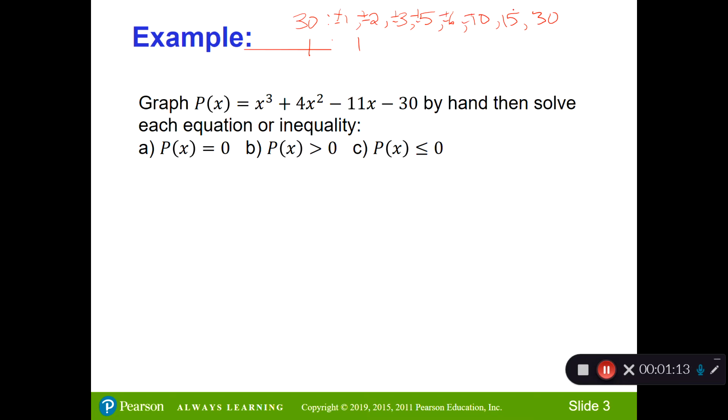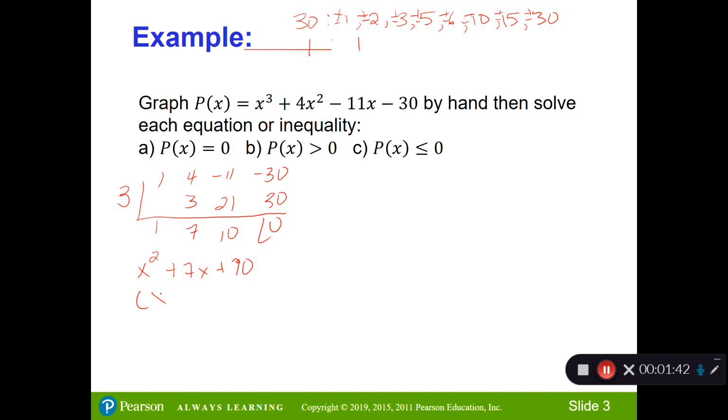And what we will see is that 3 should give us a 0. So let's see that. 3 through synthetic division will go 1, 4, negative 11, negative 30. Bring down the 1. 1 times 3 is 3, 7, 21, 10, 30, 0. Now remember, what is left over is 1 degree less, so x squared plus 7x plus 10.